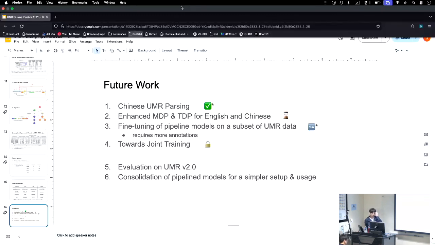For reference, UMR has basically analytic reference: two things are the same, or one is a subset of another. But in some other data sets, they might just have analytic reference, so that does not have enough information for this.